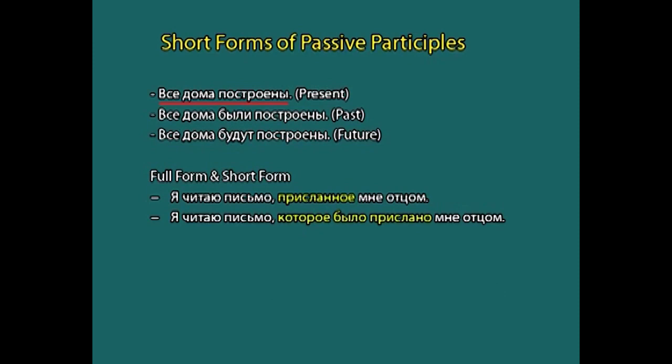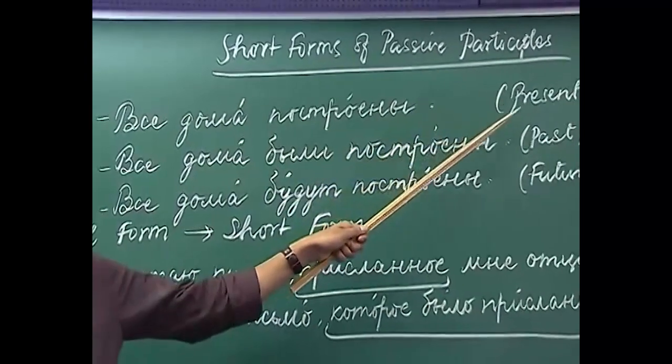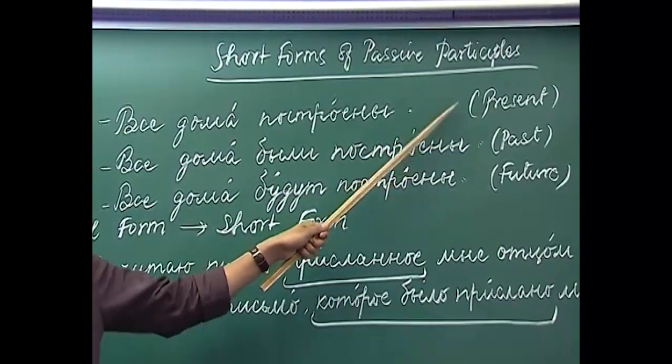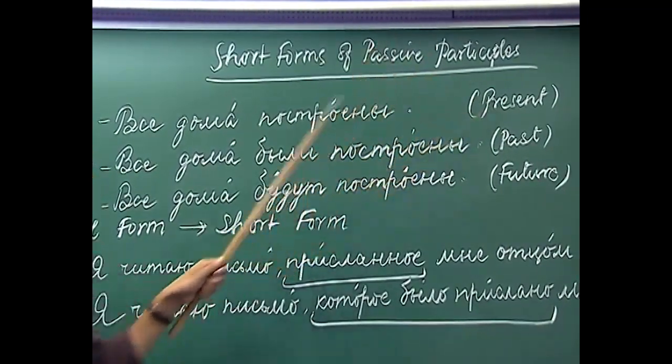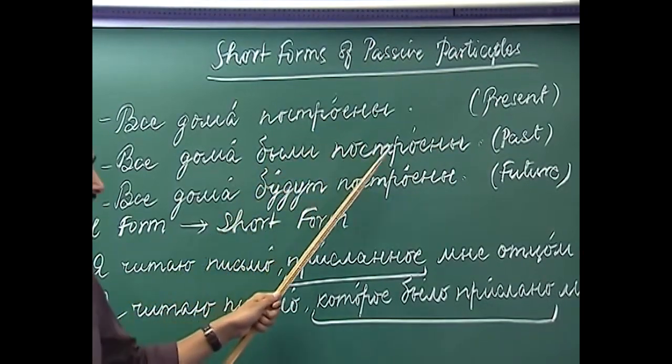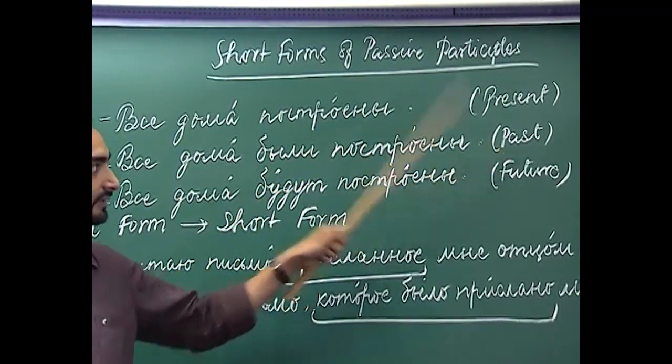Все дома построены. So, all the houses are made, or all the houses are constructed. Все дома были построены. So, all the houses were constructed. So, here this denotes the result of an action in the present tense, and here this is again the result of an action in the past tense.